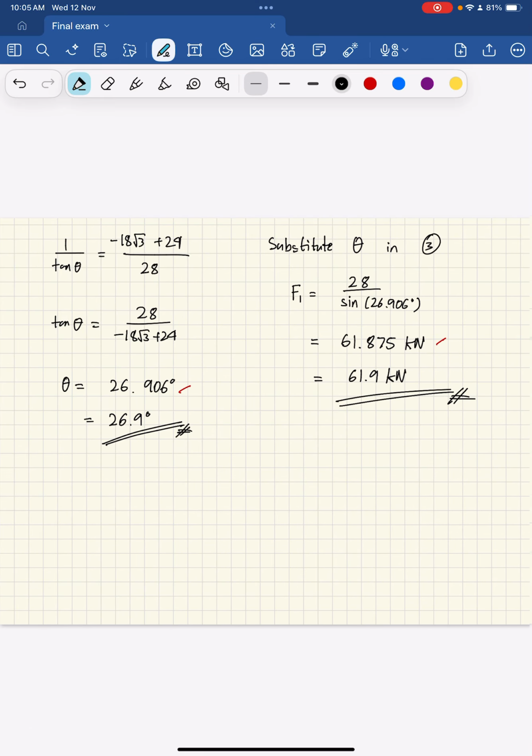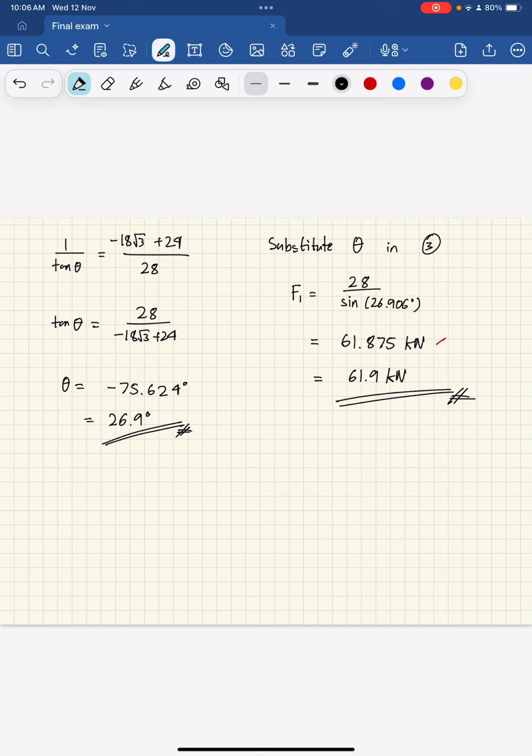so your tangent would become tan inverse 28 over negative 18 root 3. Okay, or you could just say 24 minus 18 root 3. What should that become? Okay, so they put negative 75.624 degrees.